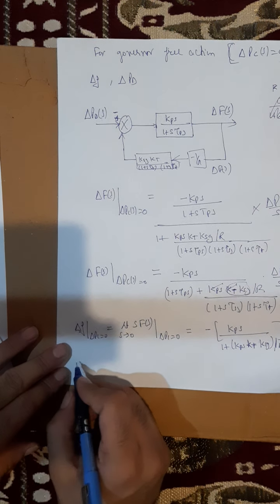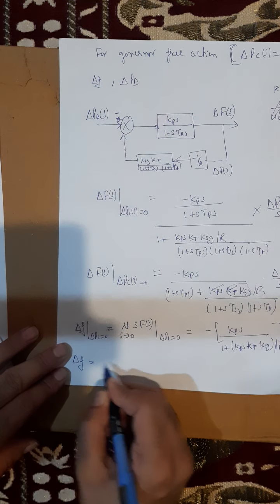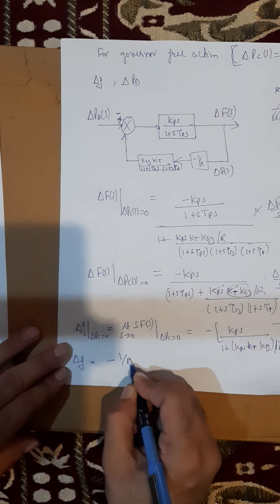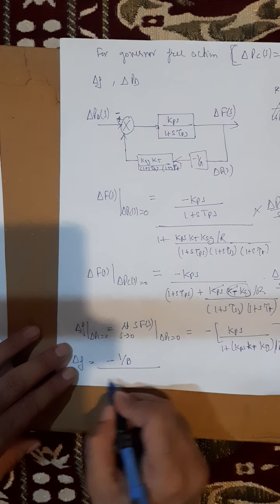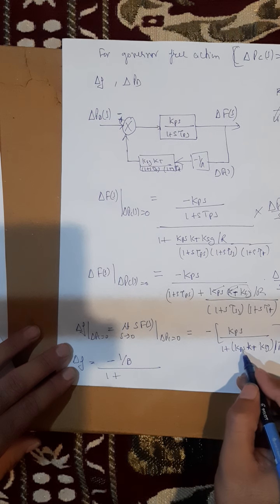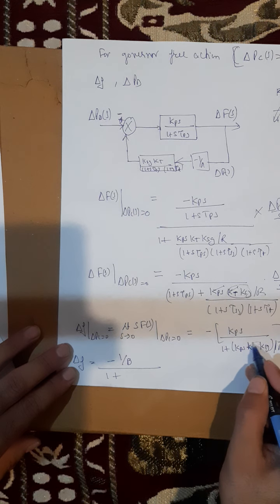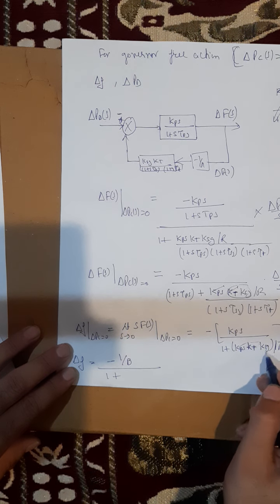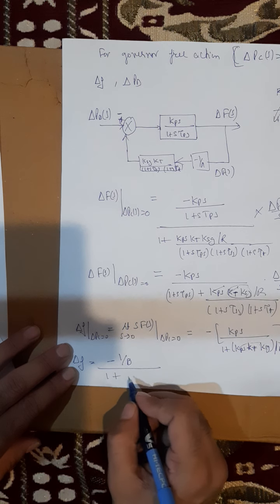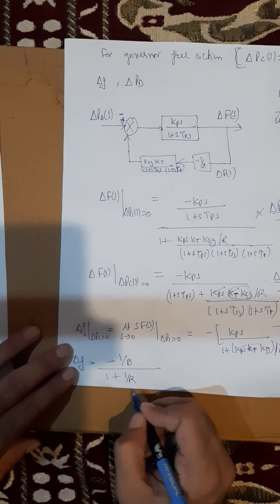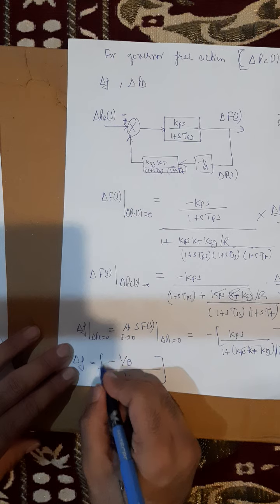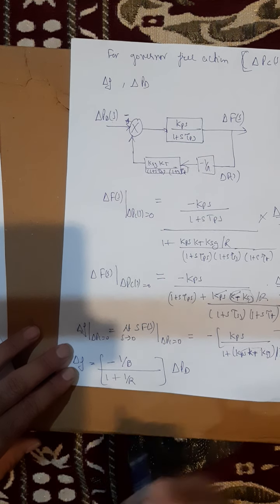So I can write delta F as minus, instead of KPS I will use B, 1 plus, I can adjust this term to make the whole term equal to 1. What I am left with is 1 by R into delta PD.